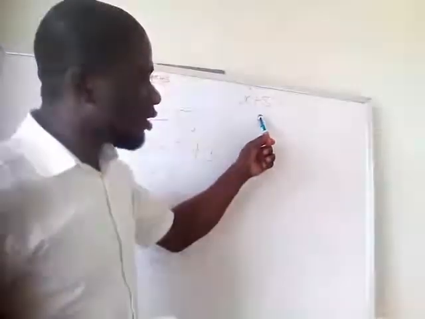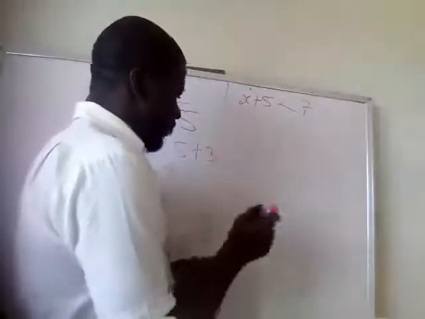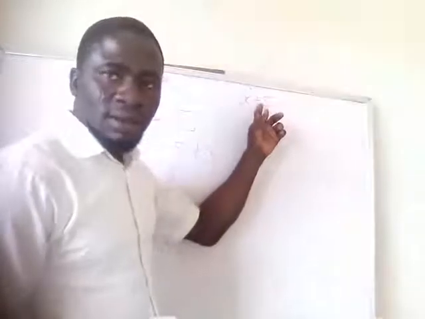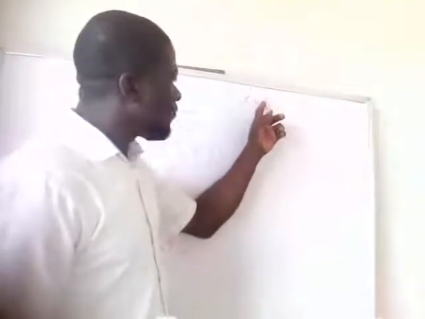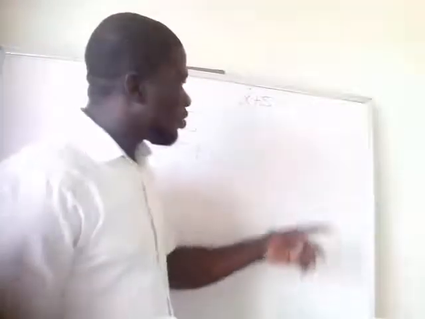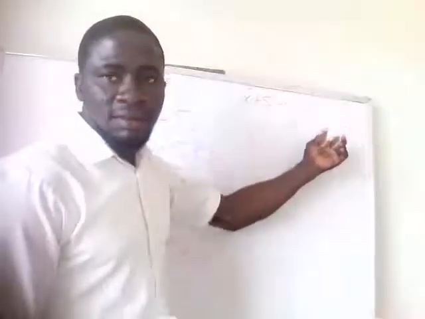What we are looking for is x. So, for you to remove this 5 from the left-hand side, you know what to do. That's subtraction. You subtract from the left and also subtract from the right.